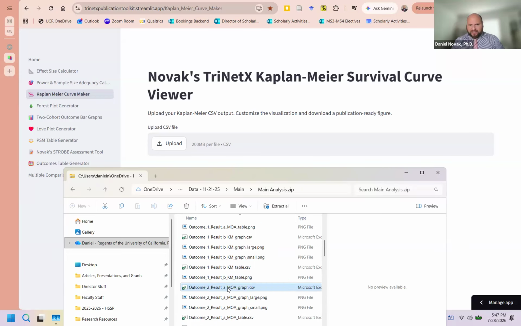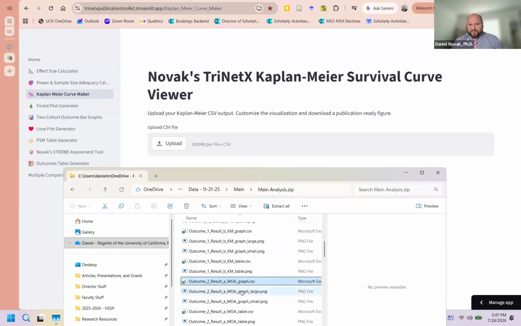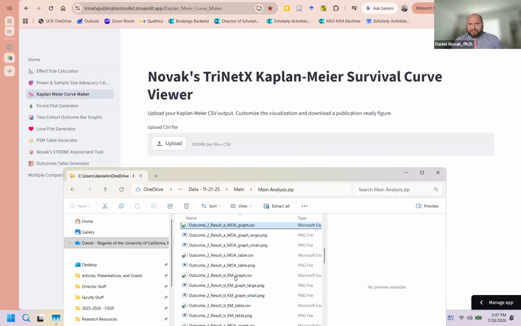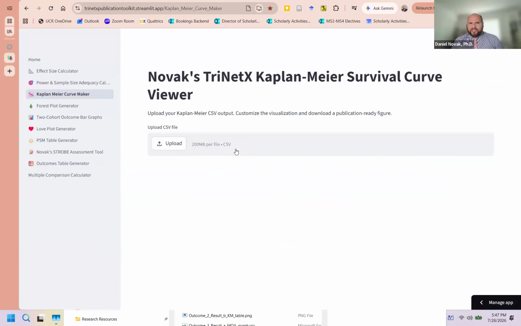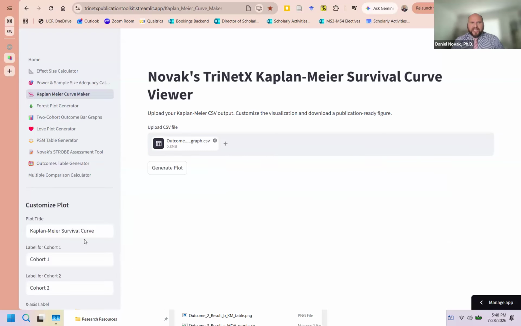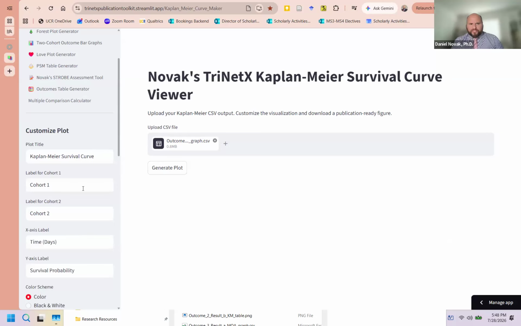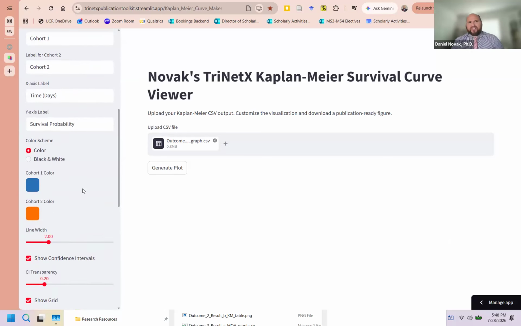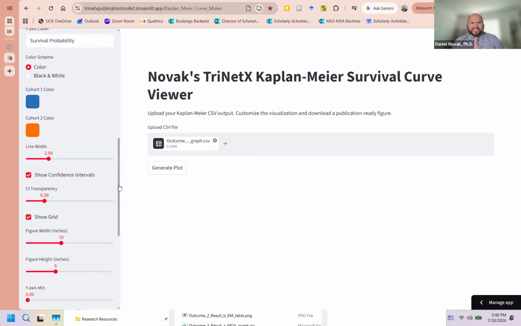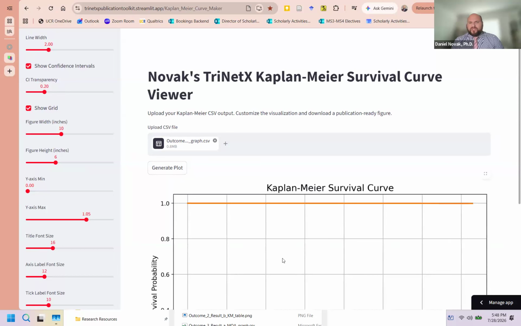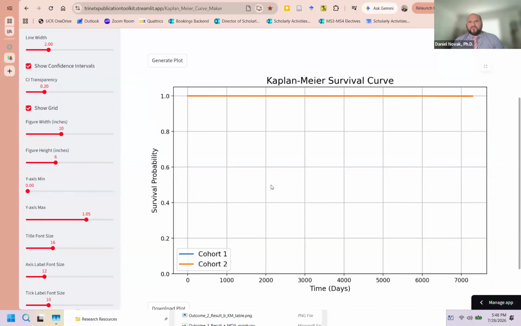Anything that says kmgraph.csv, you should be able to drop into this directory, and it'll give you some additional options over here on the left-hand side, including colors and titles for your axes and things like that. It'll allow you to redraw your Kaplan-Meier survival curves in formats that will be acceptable to a journal.